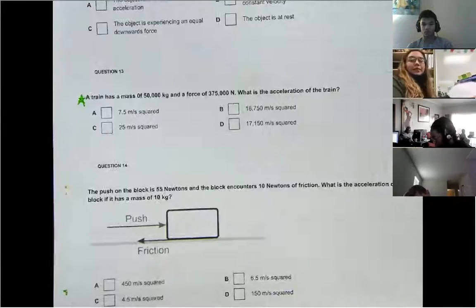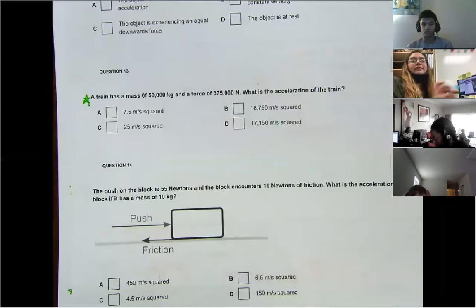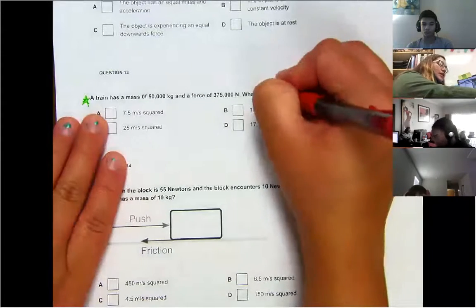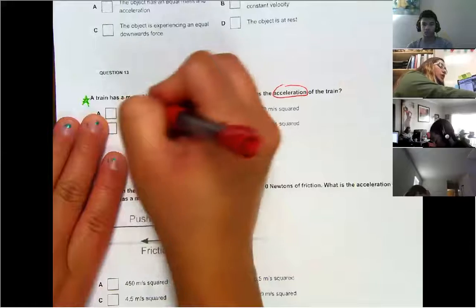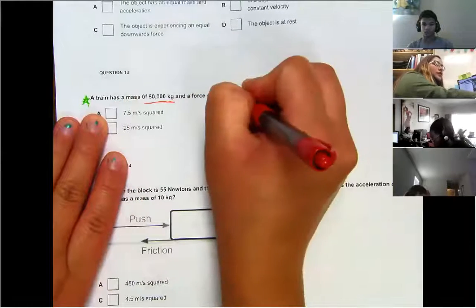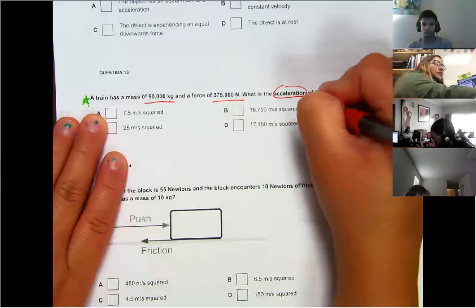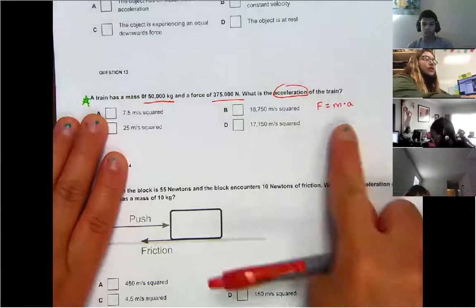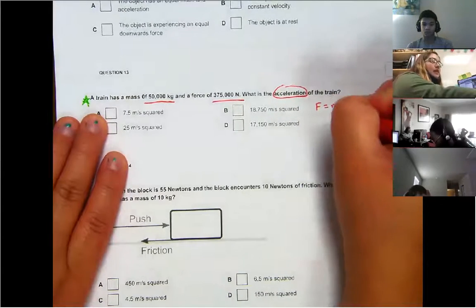All right. A train has a mass of 50,000 kilograms and a force of 375,000 newtons. What is the acceleration of the train? So again, we're looking for acceleration. We know our mass. We know our force. Our formula is force equals mass times acceleration. If we're looking for acceleration, we're just going to divide by mass.